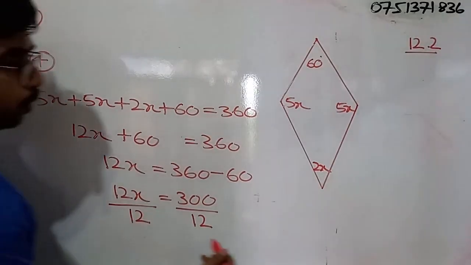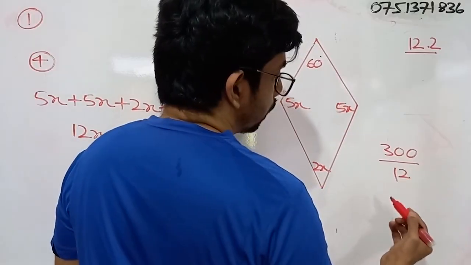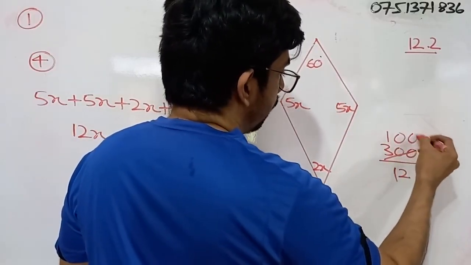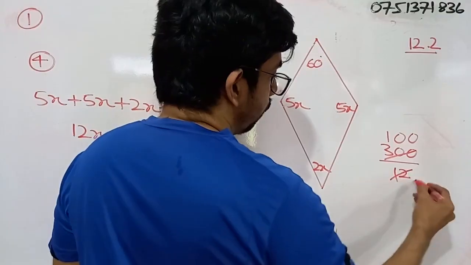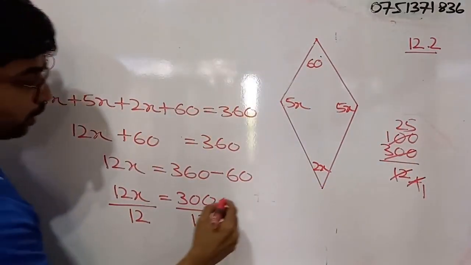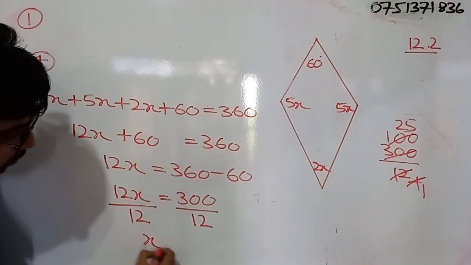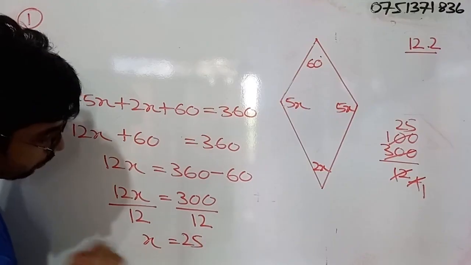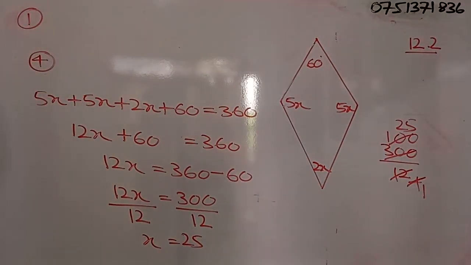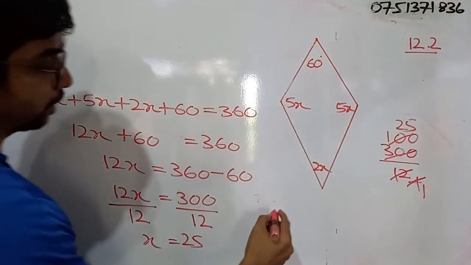Right. So if we take 300 and divide it by 12, I can go 100. If I divide it by 3, then 4. So 4 times 1 and 4 times 25. So here x is equal to 25. Now 25 is not the answer. We need to calculate 2x and 5x.